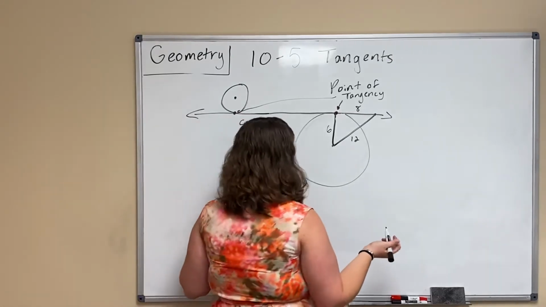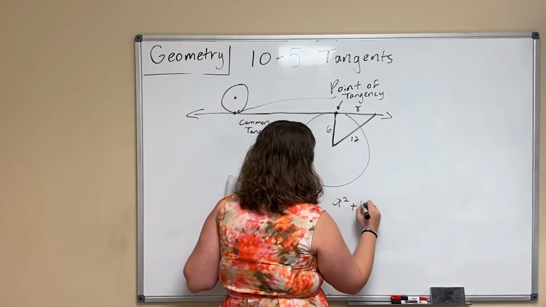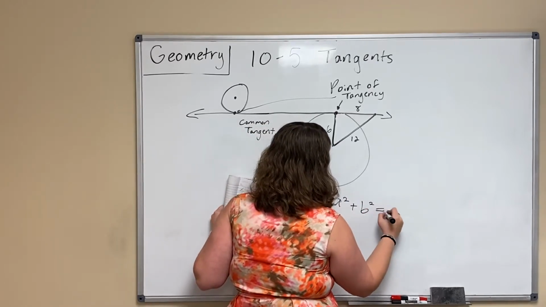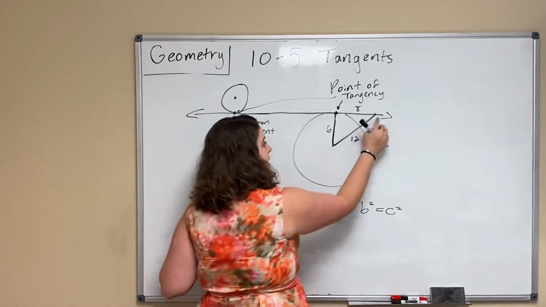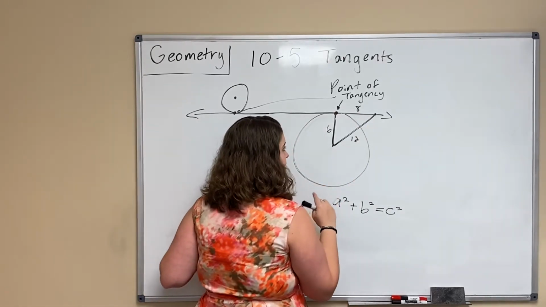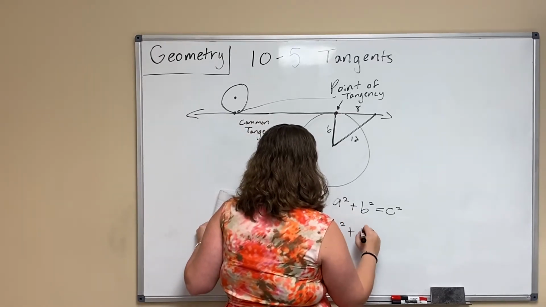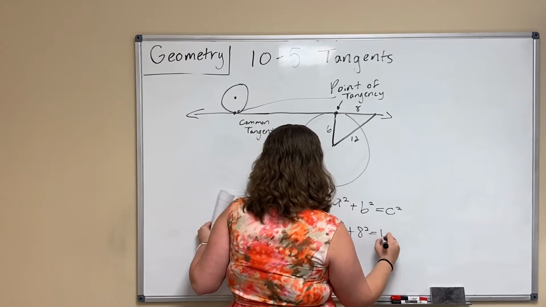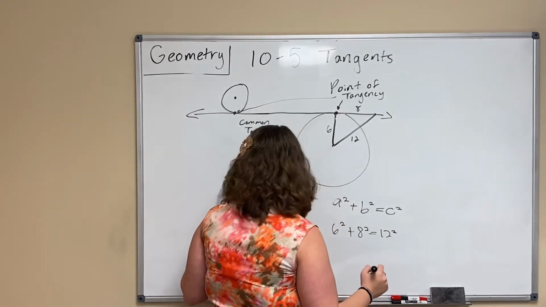You should remember that the Pythagorean theorem is a squared plus b squared equals c squared, and c is always the hypotenuse of our triangle. So we're going to do 6 squared plus 8 squared equals 12 squared, and see whether or not that's true.